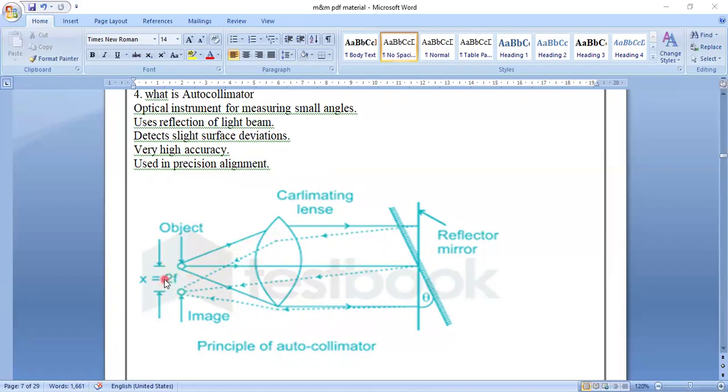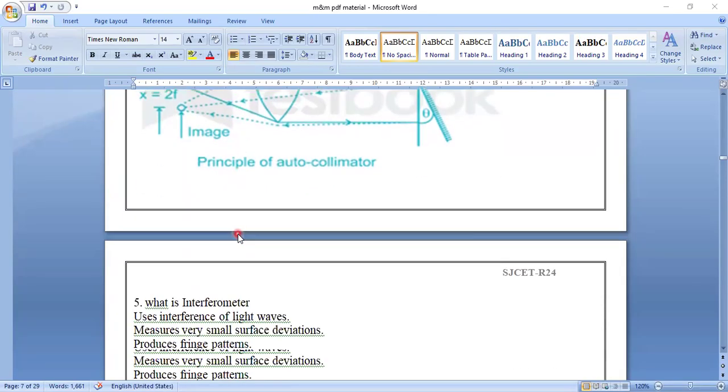The focus point is down at a distance 2f. Collimator lenses are used, which is why it is called a collimator. The object light travels straight, reflects off the mirror, comes back and again forms the same image at a distance of x equal to 2f. This is an autocollimator, used with a light beam to detect surface deviation.